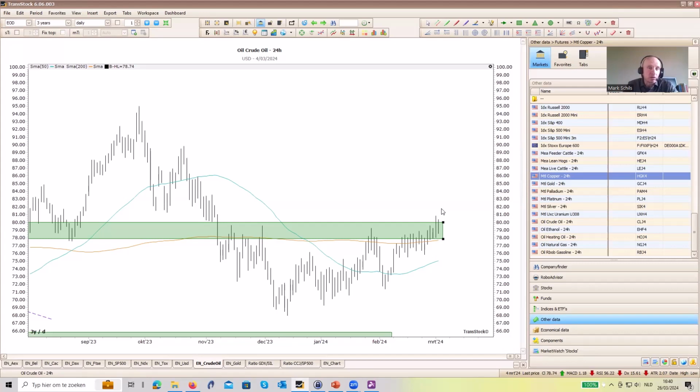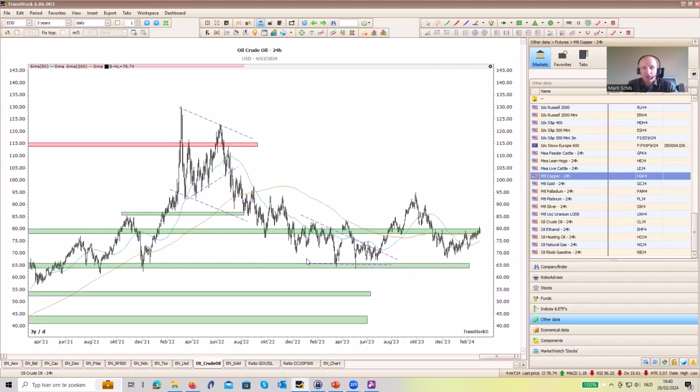Or we can look at some smaller companies. If it falls again below that 200 days, that's about 77, then we could see another drop to the 50 days, around 75. And if it goes below that, maybe we're going to test again that 66 support zone.